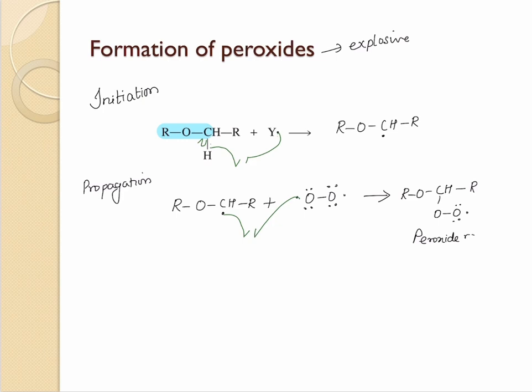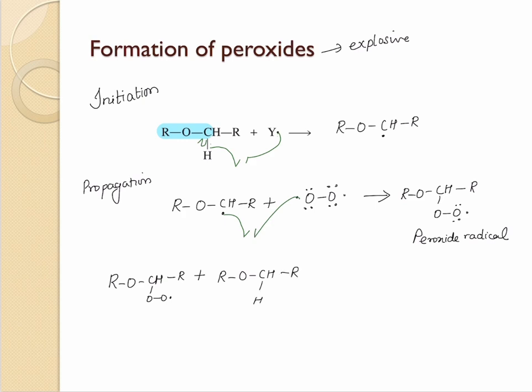And in the next step, the next propagation step, this peroxide radical is going to react with another molecule of ether and remove an alpha hydrogen from that molecule to give the peroxide and also the radical which has been created in the initiation step. So this peroxide radical will react with another molecule of the same ether that we started with, removing the alpha hydrogen.